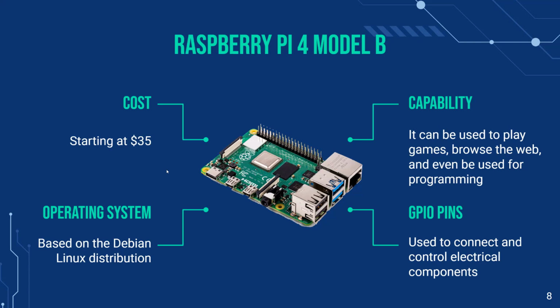This computer works using a Linux-based system based on Debian, and with this system you can play games, browse the web, or do some low computing programming. This system also has GPIO pins. These GPIO pins allow us to connect hardware to it, such as a breadboard, sensors, or LED lights.